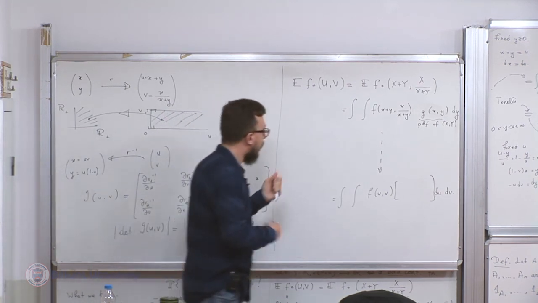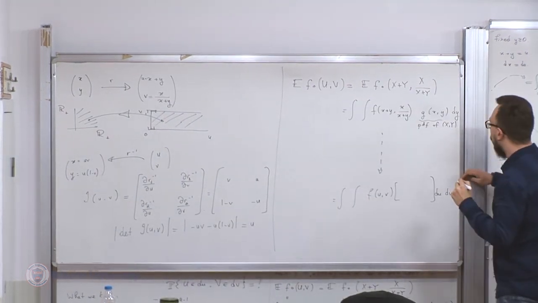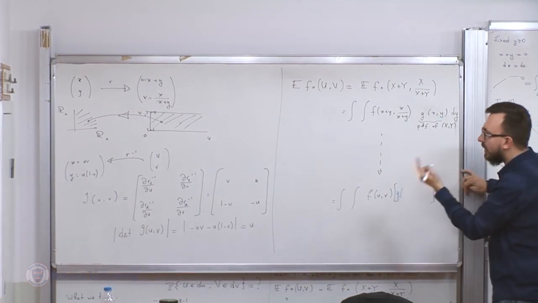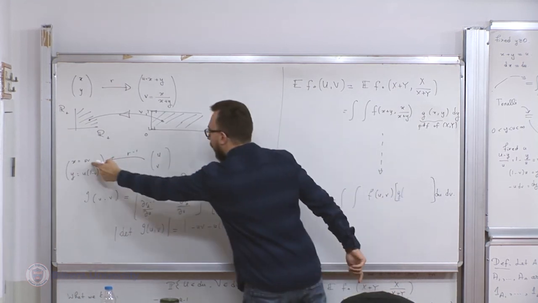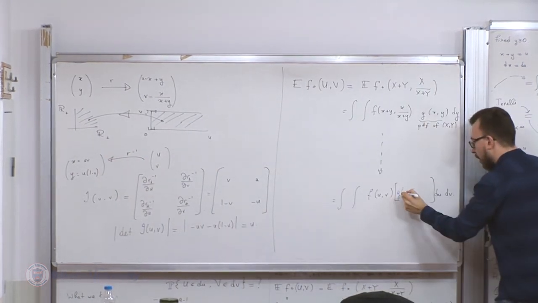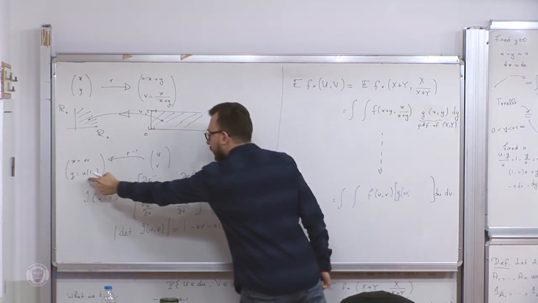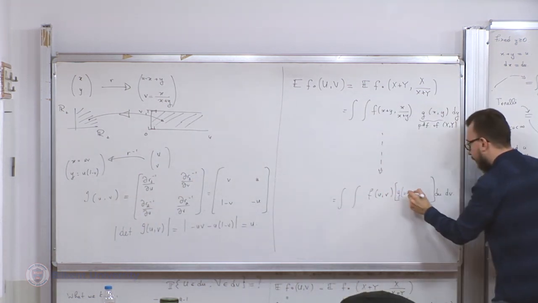OK, I need my g of x. What is x? x is just u times v. I need my y. This is u times 1 minus v.